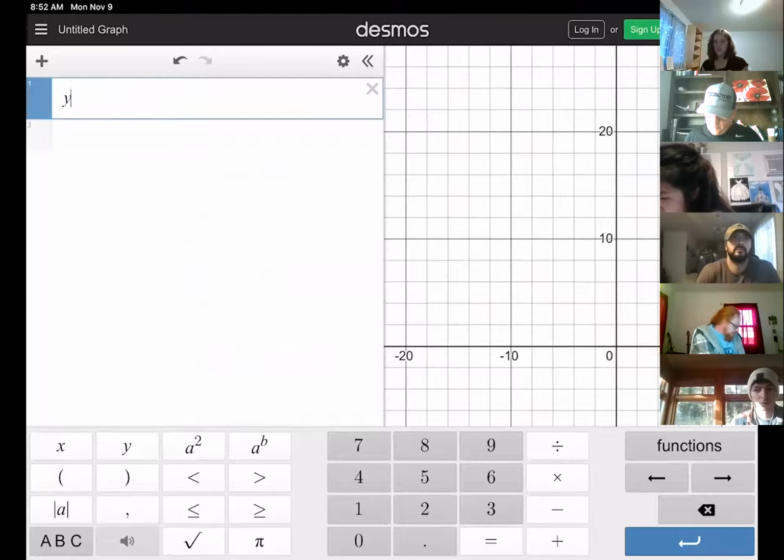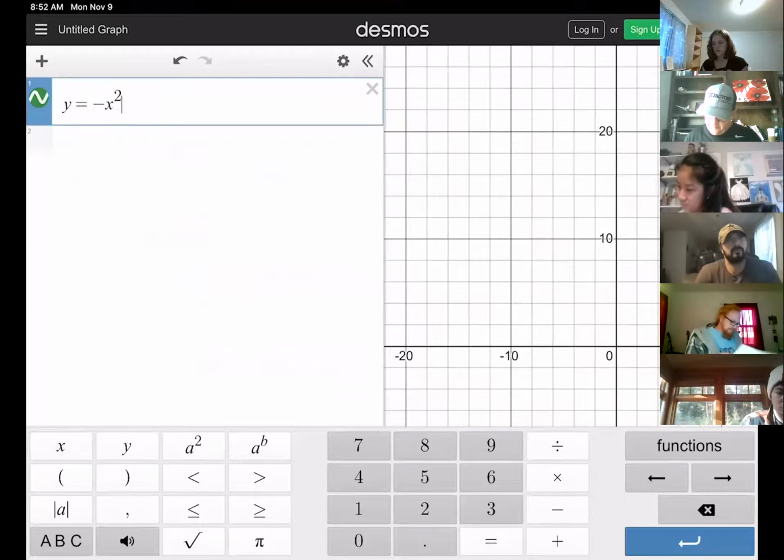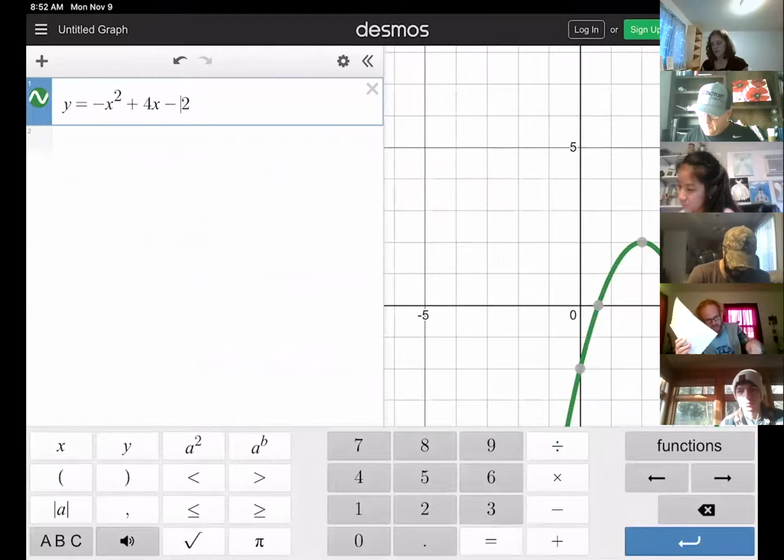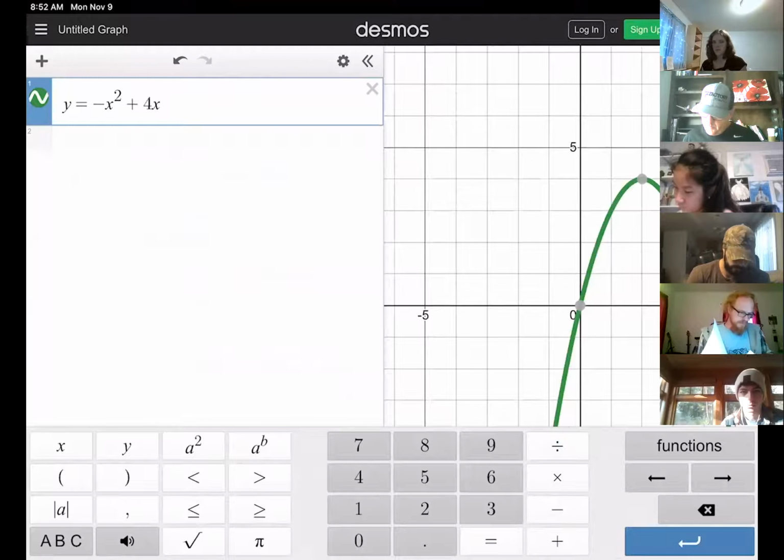I think I'll just say y equals negative x squared plus 4x. Was it minus 2? If it wasn't minus 2, I'll change it to minus 2. Now let's take it up in the air a little bit now that I'm looking at it. Let's make it plus 5. There we go.